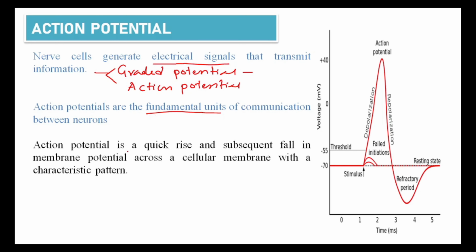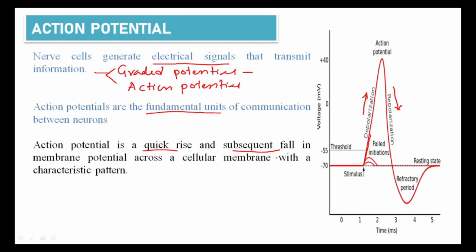Action potential is a quick rise and subsequent fall in membrane potential. If we look at the action potential, we can see the quick rise, that means depolarization, and the subsequent fall, that is the repolarization.